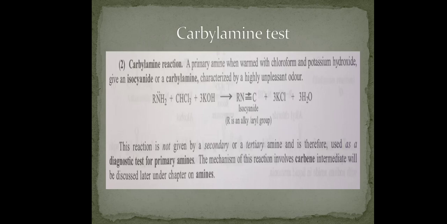That is how we get the name carbylamine test, and it is characterized by a highly unpleasant odor. The smell of such a compound is very, very unpleasant. So if you get an unpleasant smell, that means that particular compound contains a primary amine group. And remember that this particular reaction is not given by a secondary or tertiary amine.